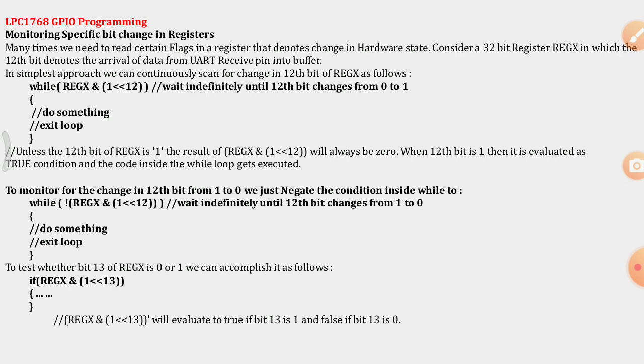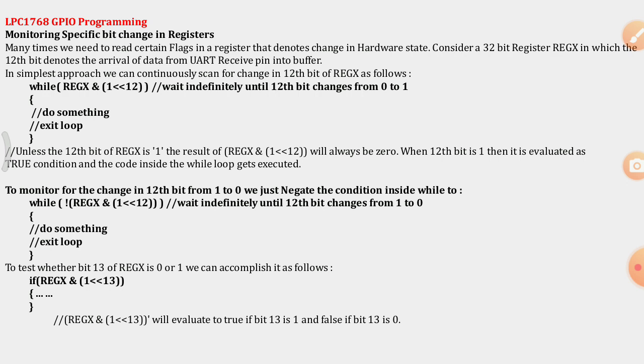Then this while loop is going to be executed, and then it will exit. So unless the 12th bit of register x is 1, the result of this condition is always 0, that is false. When the 12th bit is 1, it is evaluated as a true condition, and the code inside the loop is going to be executed.